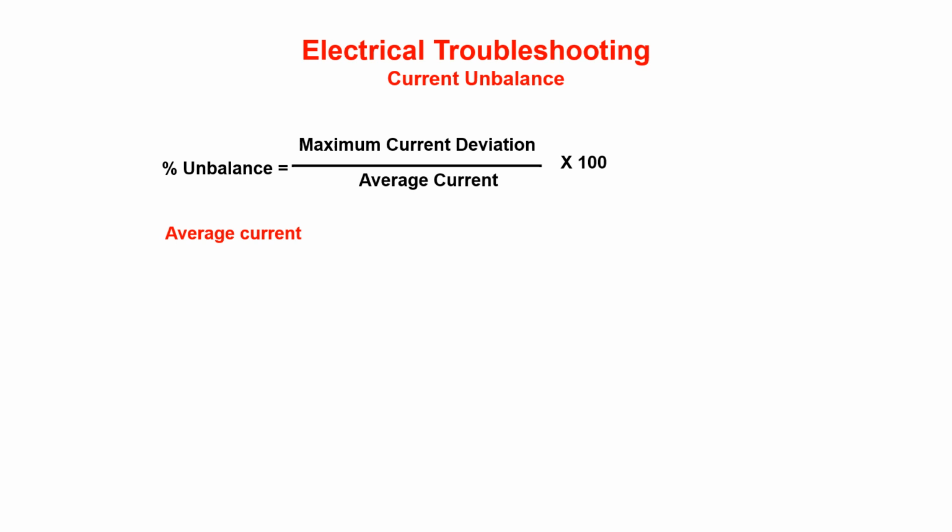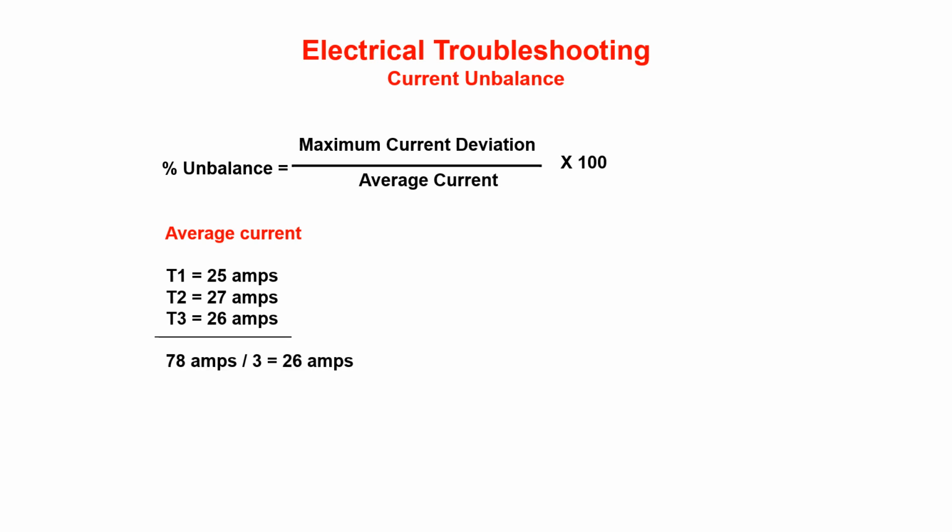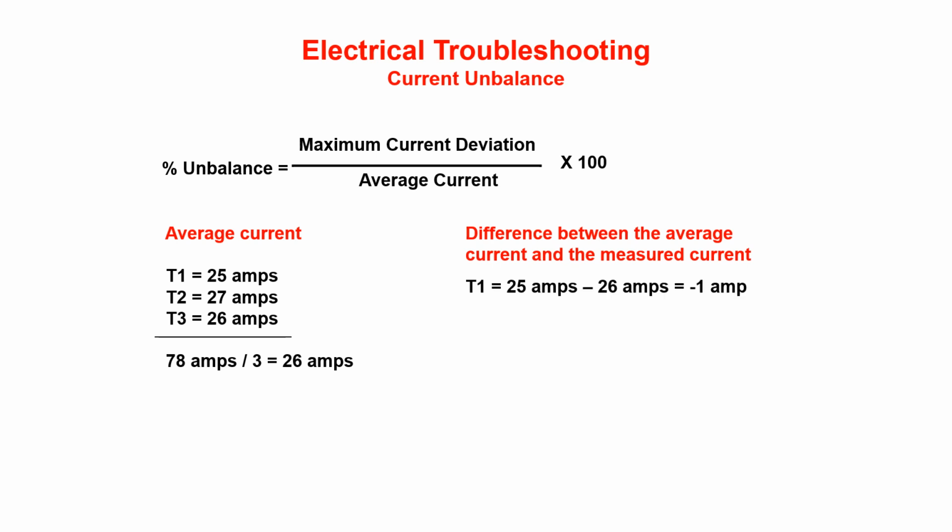From the previous example, T1 is equal to 25 amps, T2 is equal to 27 amps, and T3 is equal to 26 amps. Adding those together, we come up with 78 amps, divided by 3 is equal to 26 amps.